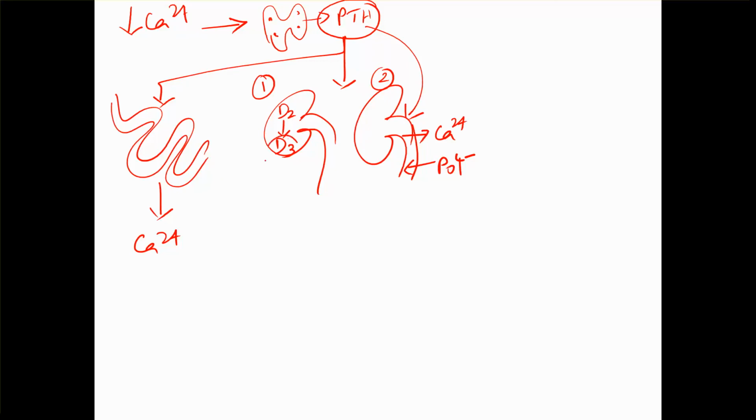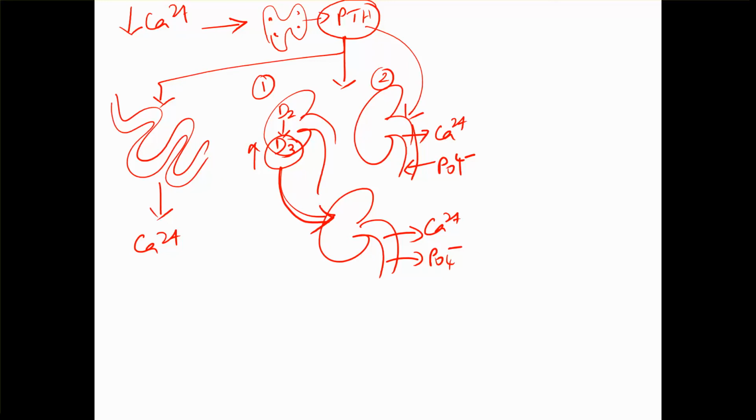Now the D3 level is increased because of the parathyroid hormone, and this D3 again goes to the renal tubules. This is vitamin D3. They again go to the tubules, they reabsorb calcium and they also reabsorb phosphate. Understand? So that's why the phosphate is balanced. And then parathyroid hormone goes to the bone.